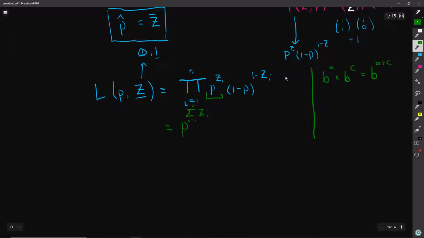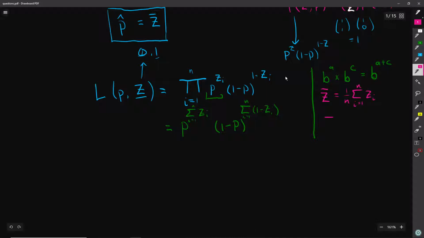And same thing right over here. We're going to have 1 minus p. That base stays the same across our whole product here. And we're going to take the summation i equals 1 to n, 1 minus z_i. And then let's think about these summations we have. Remember that we write z bar is equal to 1 over n, summation i equals 1 to n of z_i.